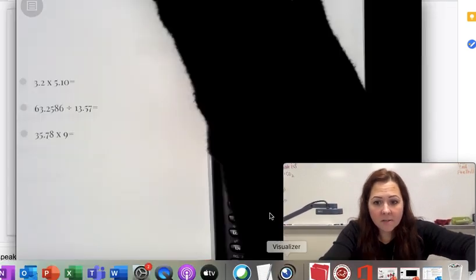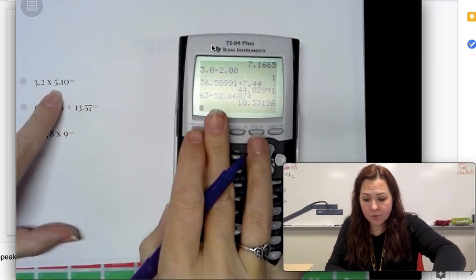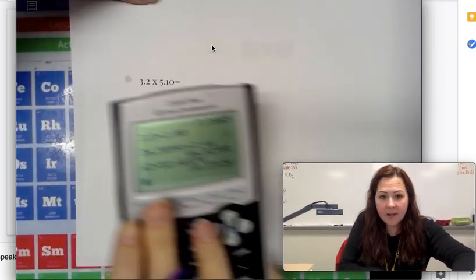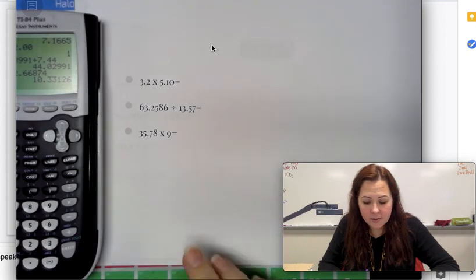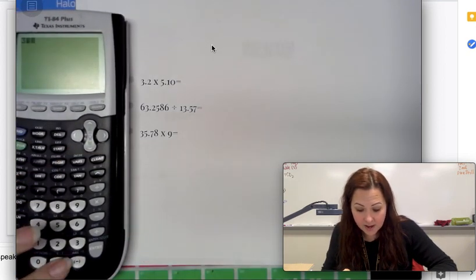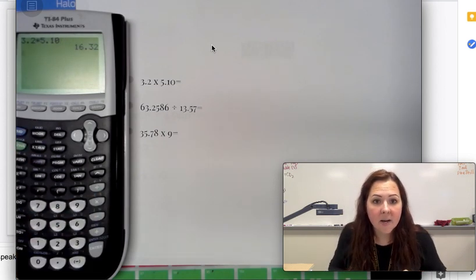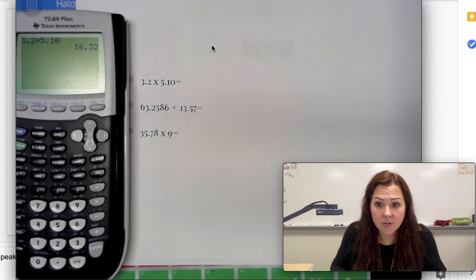With our practice problems, again, you're putting this in your calculator first. So when I put this into my calculator, I'm going to flip this around real quick. I have 3.2 times 5.10. My calculator says 16.32.